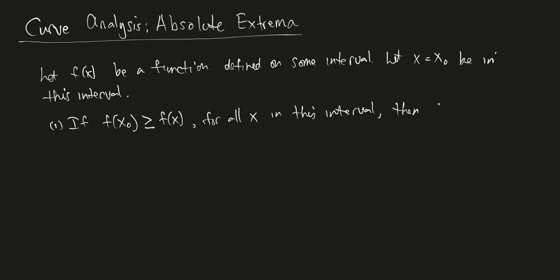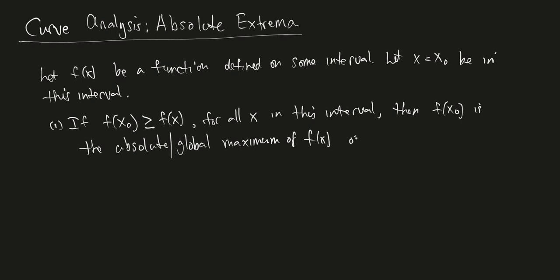So then f of x0 is the absolute, or sometimes called global, maximum of f of x over this interval.